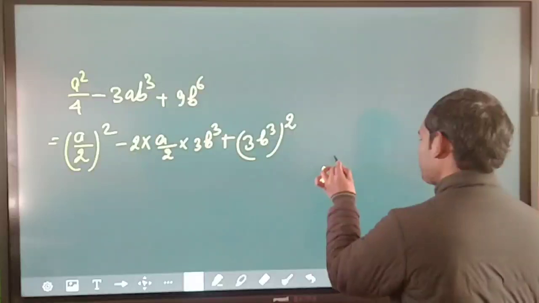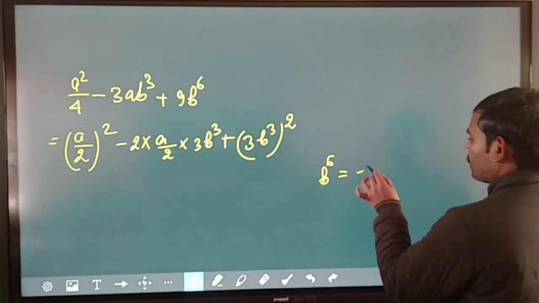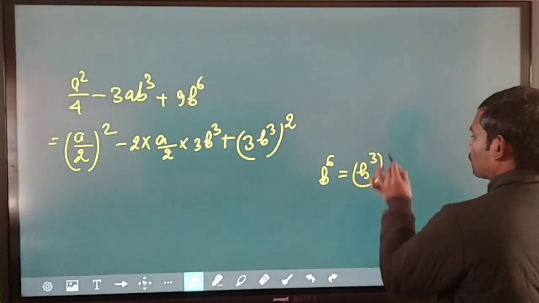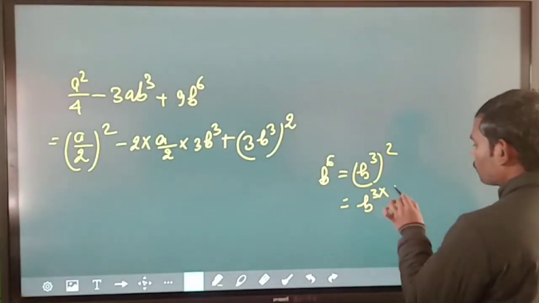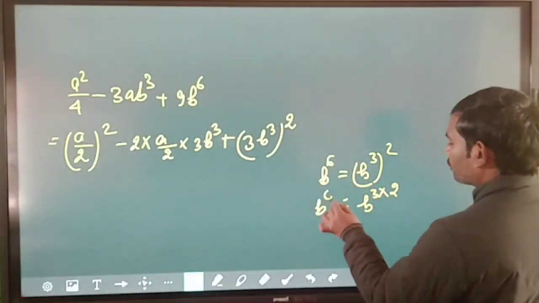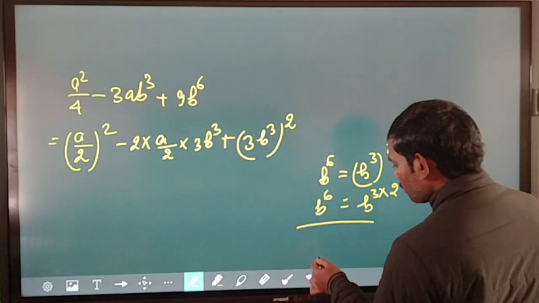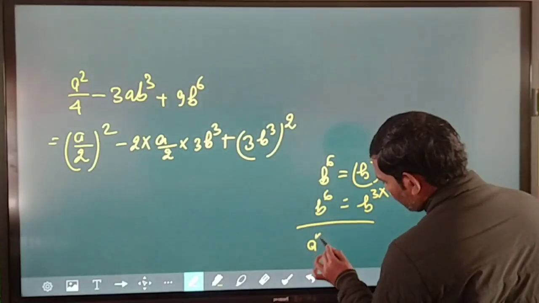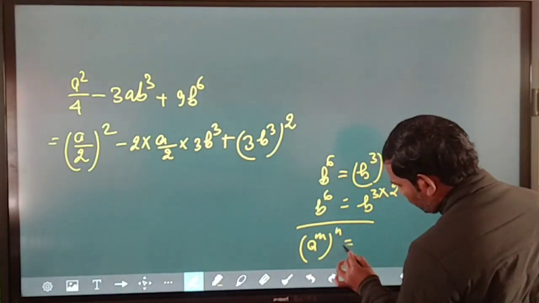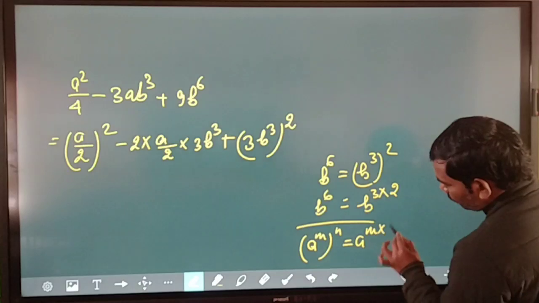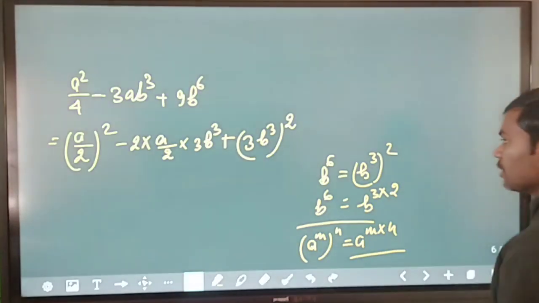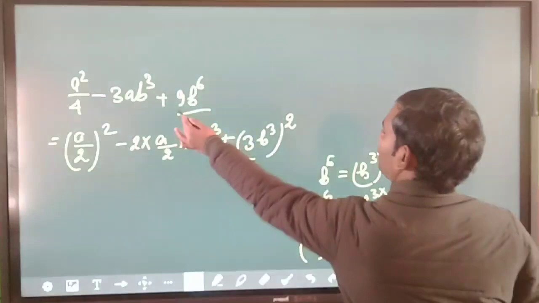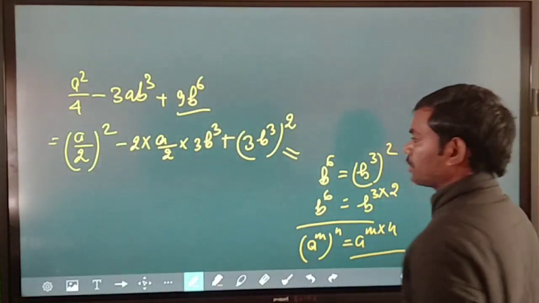Because b to the power 6 can be written as (b cube) square, and this is equal to b to the power 3 into 2, which is equal to b to the power 6, using the formula (a to the power m) to the power n is equal to a to the power m into n. Is that clear? That's why this can be written like this.